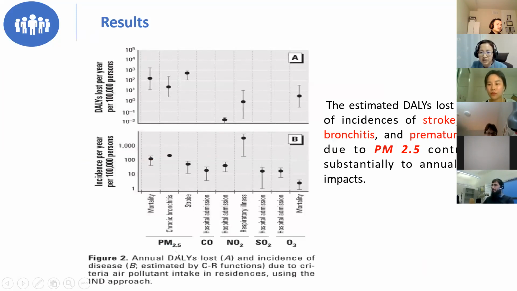We're going to see that the estimated DALYs lost because of the incidence of stroke, chronic bronchitis, and premature death due to PM2.5 contributed substantially to the annual health impacts. We can see that these three lines correspond to PM2.5.